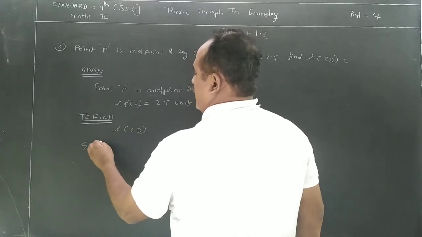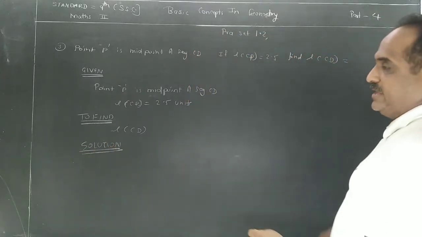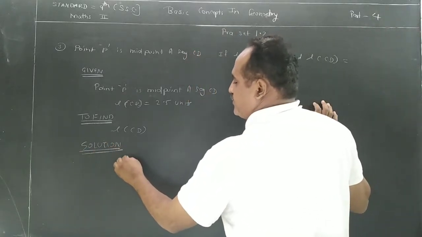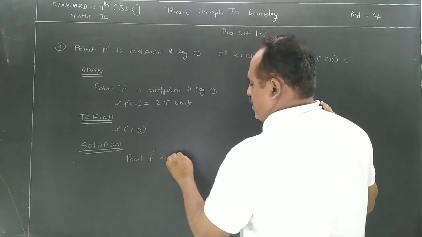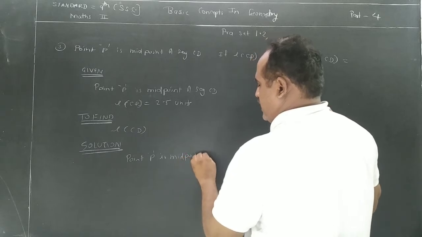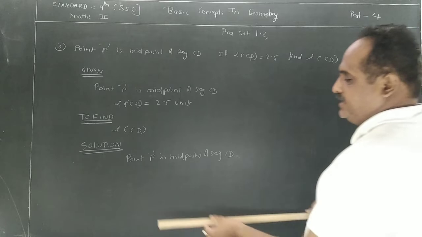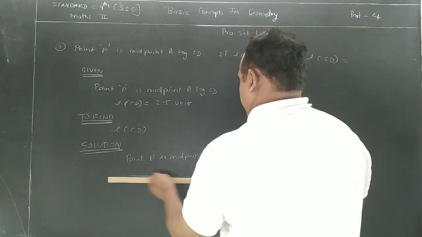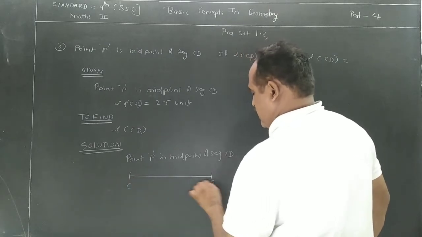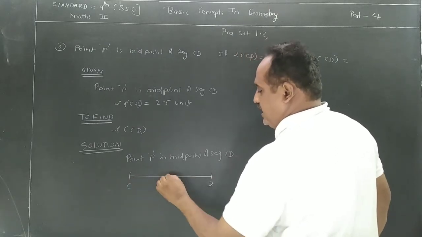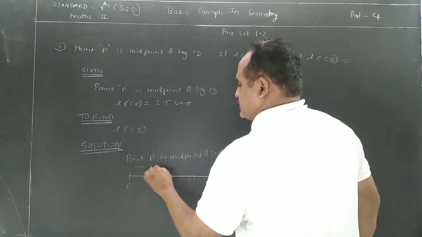How to do? Solution. Same thing. Point P is the midpoint of segment CD. You draw a figure if you want, not necessary. This is C, this is D, this one is P, these two are congruent, this is 2.5.